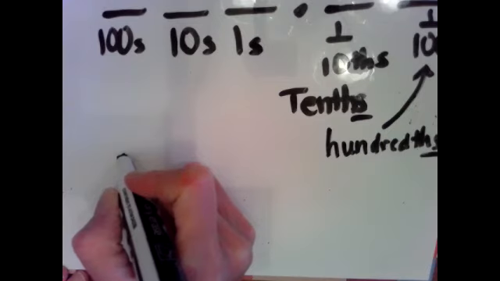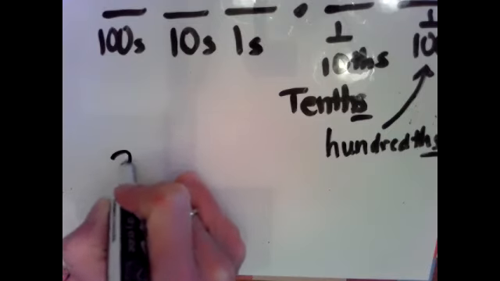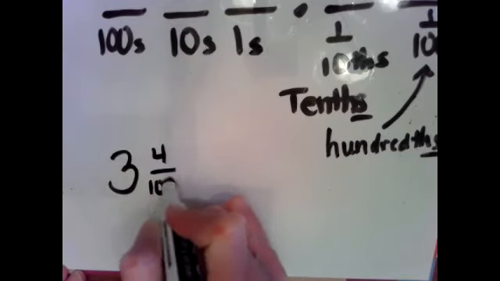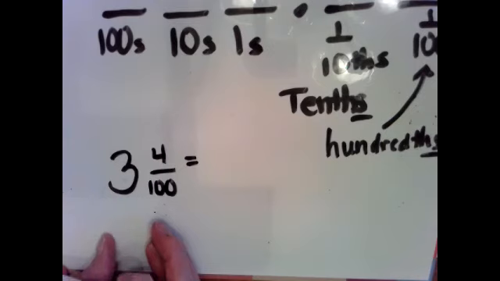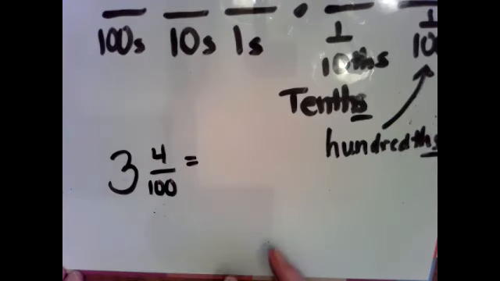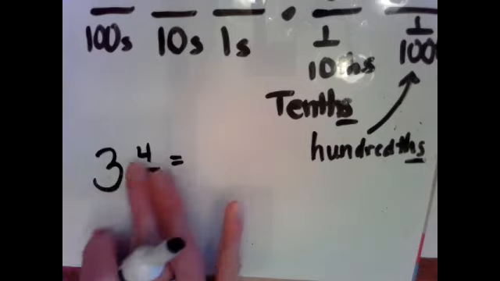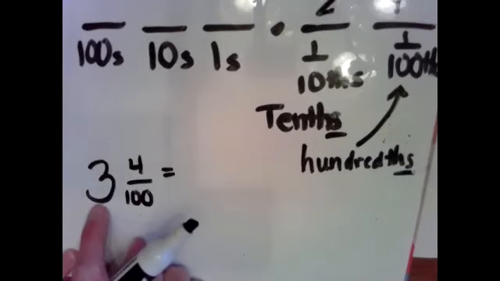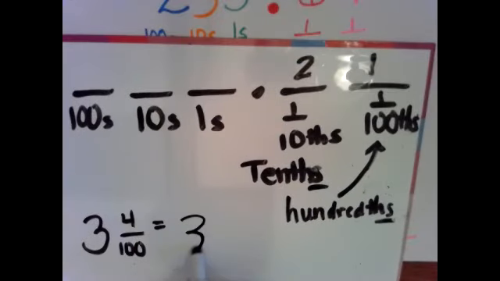Again, let's go the other direction. We have a fraction, 3 and 4 hundredths. We can go backwards. You can start with a decimal to get to a fraction, or start with a fraction to get to a decimal. When I read this to you all, it's 3 and 4 hundredths. So as a decimal, that 3 is a whole number, so I know it's in my ones place. 3 whole dollars.